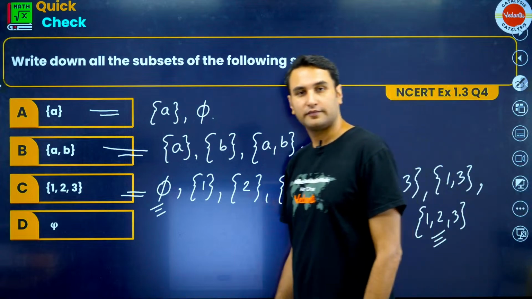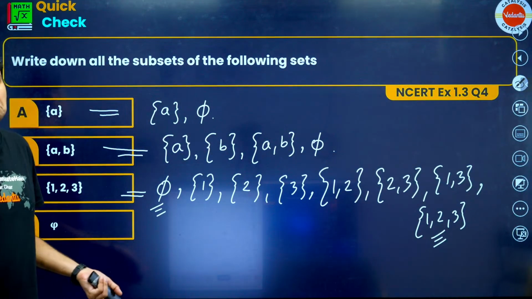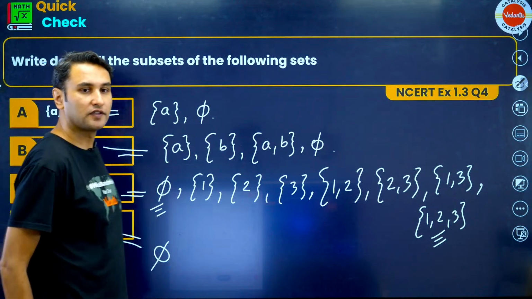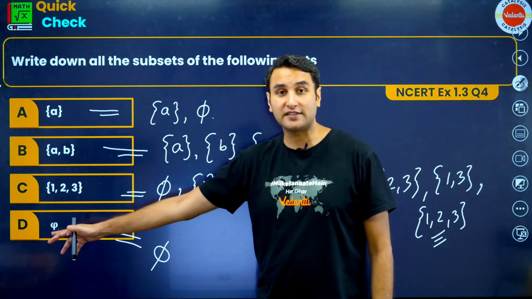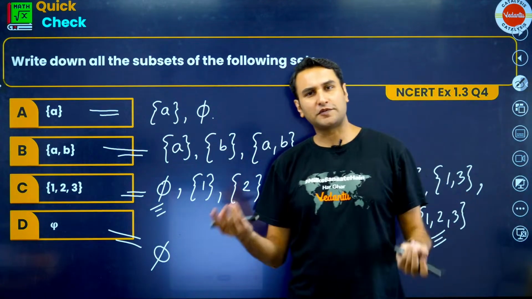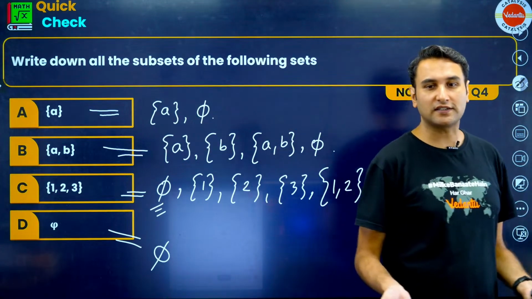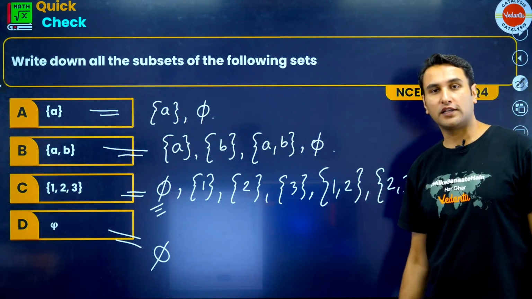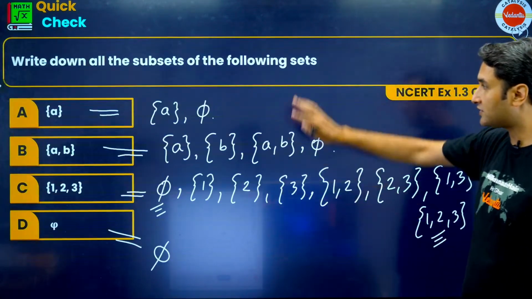Don't do that, right? Phi is a set. The only subset is itself, right? So the only subset of the set, remember phi is a set, phi is an empty box, right? What is its subset? The set itself, phi itself. Got it? So this should give you clarity of all the possible scenarios that can get created. Alright, I hope this is clear to all of you.